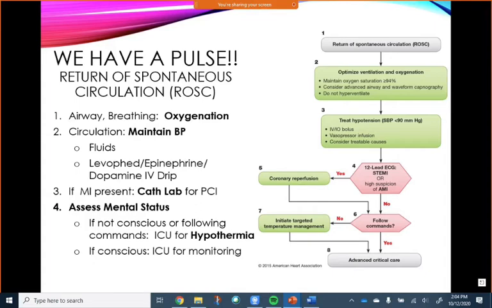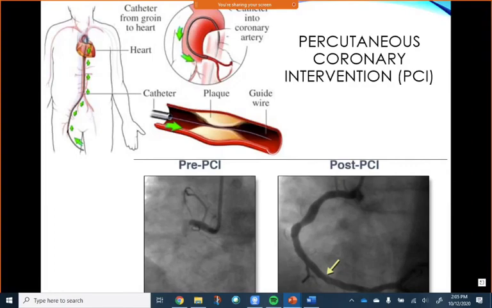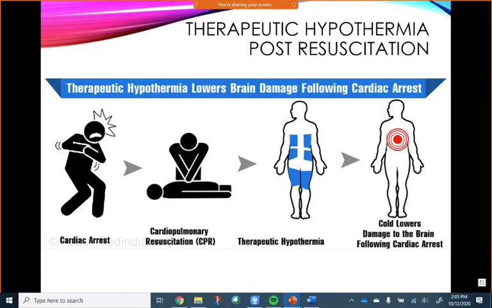So patients that get return of circulation are either going to the cath lab because they had an MI, or they're going to the ICU for hypothermia. If the patient is conscious after returning to circulation, then we will just continue to monitor them. So that was just one piece: when you return circulation, usually the next step is either PCI or hypothermia. So I'm going to leave that at that.